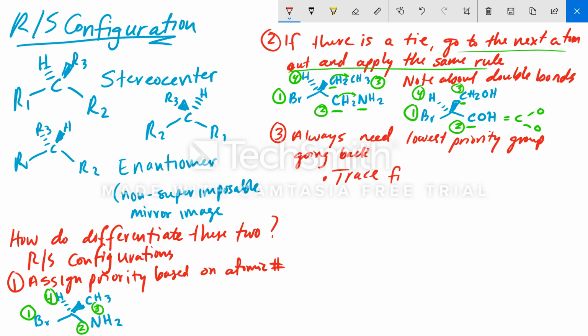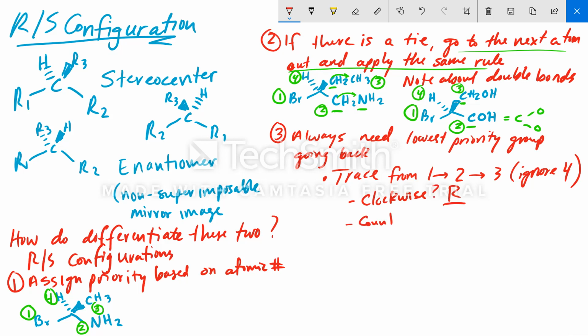We trace with our finger from 1 to 2 to 3, so from highest priority to lowest priority, and we ignore 4. So we just trace from 1 to 2 to 3. If our finger is moving clockwise, that molecule is an R configuration. If it's moving counterclockwise from 1 to 2 to 3, that molecule is in an S configuration.